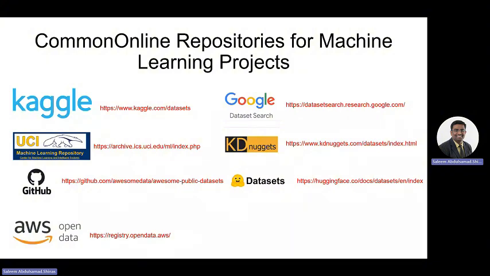Other sources include KDnuggets, Google Dataset, and AWS datasets, and many more public data sets are available. We can also use Hugging Face, where we can get data sets and already trained models. Google also offers data sets as well as simple project code, which can be a starting point for beginners. You can use any of these resources.